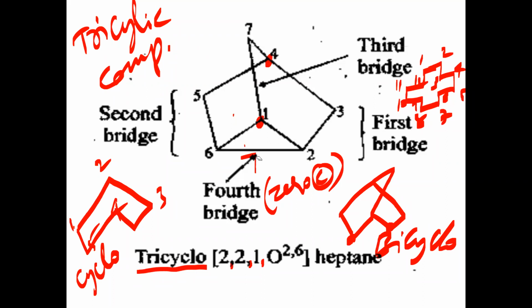The fourth bridge will be joining any other carbon atoms in the bicyclic ring. So we have to mention the numbers of carbon atoms of that fourth bridge. So the 0th bridge, that is the fourth bridge, connects 2 and 6. Is the concept clear? Let's take a screenshot of this one.